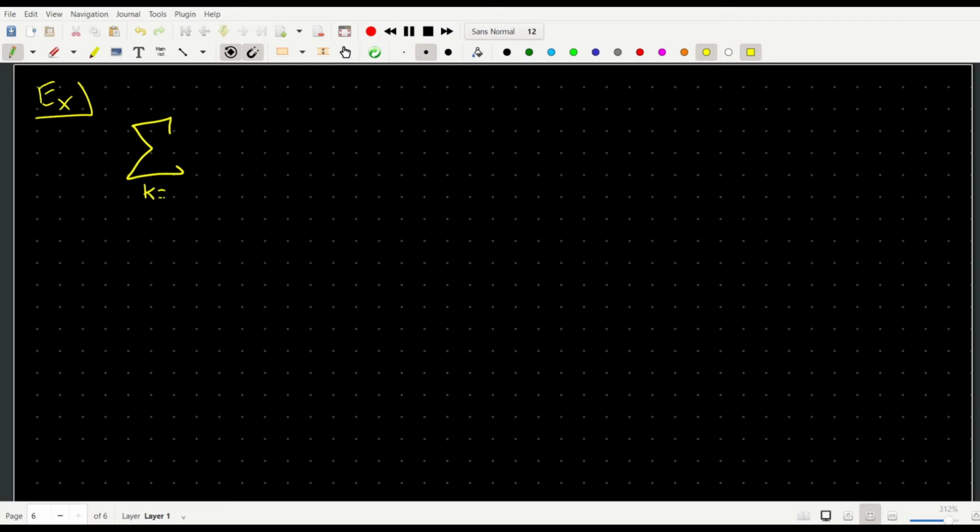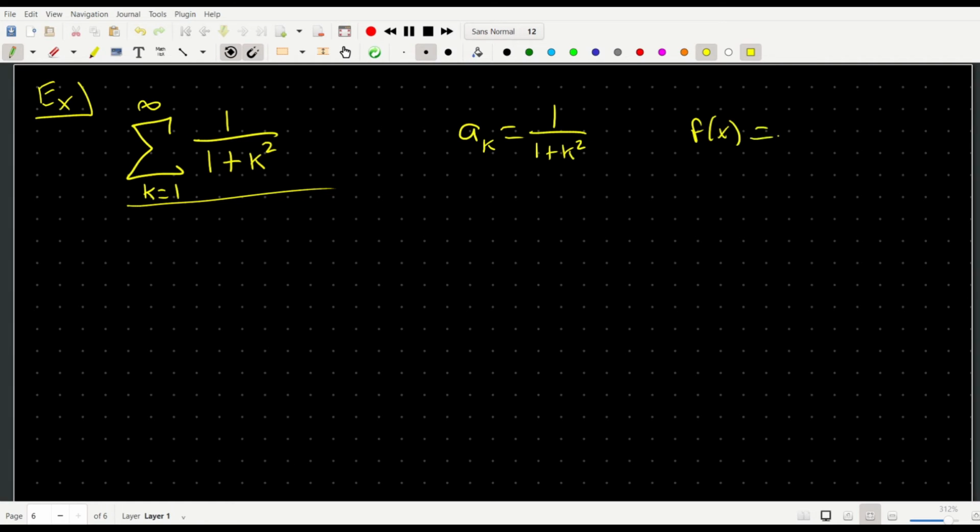So let's consider the series, k from 1 to infinity, of 1 over 1 plus k squared. The function that is generating the a_k's in this series is the function 1 over 1 plus k squared, or f of x equal to 1 over 1 plus x squared.